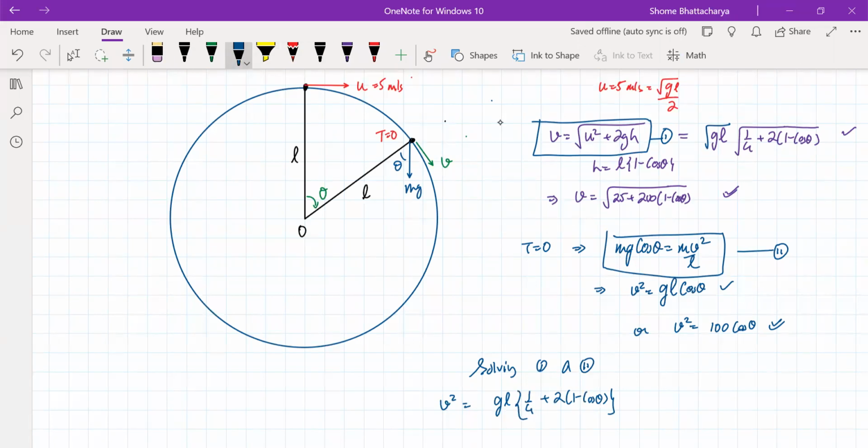And from the second equation, V square is GL cos theta.